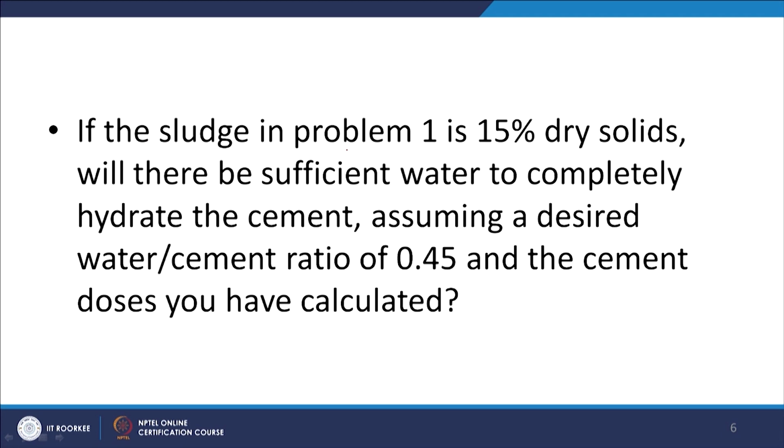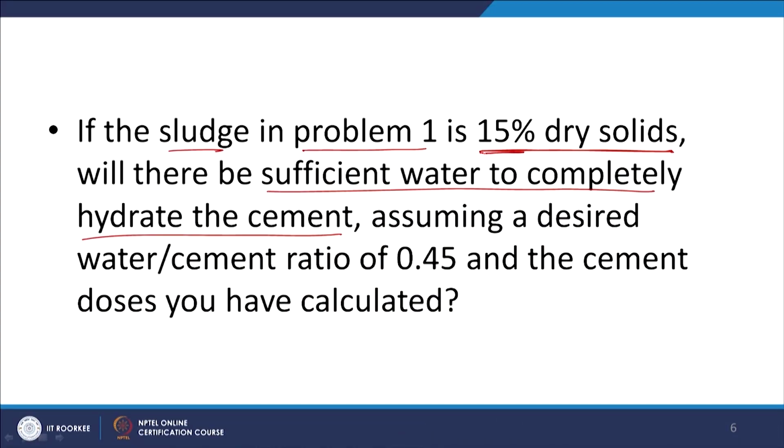In the first aspect of this problem, the sludge is made up of 15% dry solids. So the question is, do we have sufficient water to completely hydrate the cement, right? And this is something that we looked at too. We need to maintain a certain water to cement ratio. We did look at one of the minor examples: we can add additional water, or we can see to it that the water in the sludge itself, or the waste itself, can be used to hydrate this particular cement.